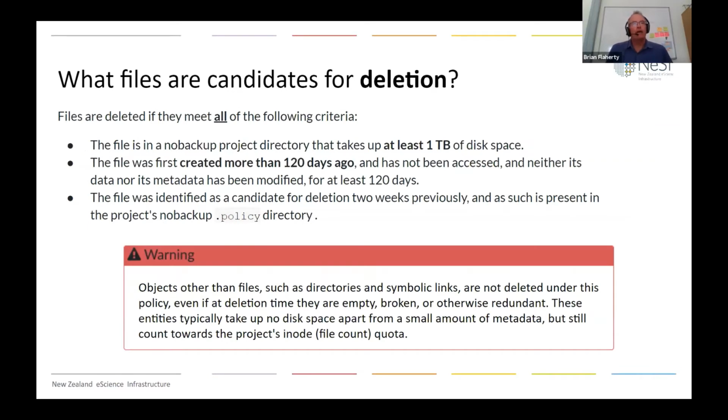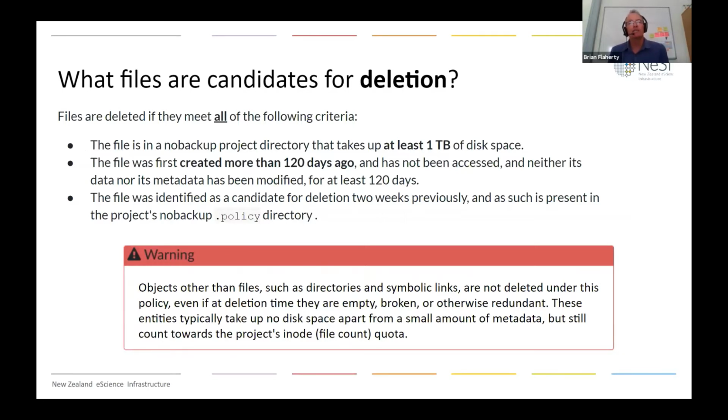Okay, so the candidates for deletion. What files are we looking to delete and when? First up, your no backup directory as a whole has to have more than 1 terabyte of disk space being used.